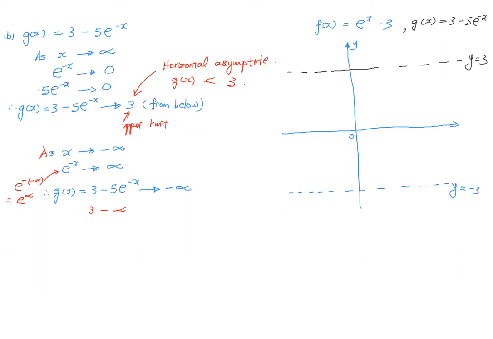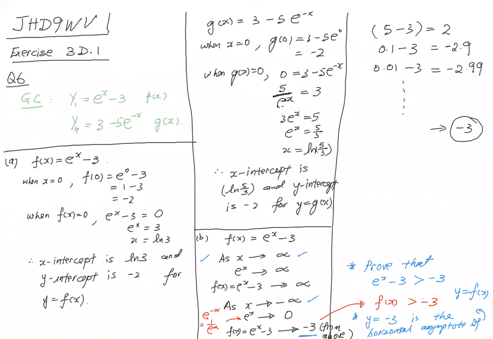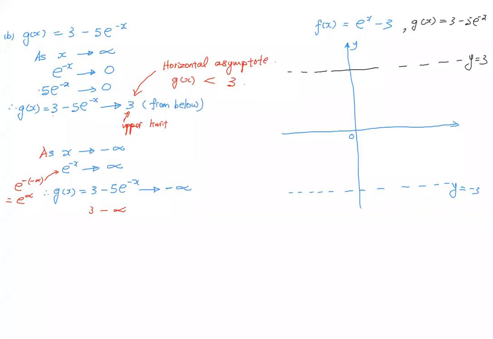Both have the same y-intercept, correct? That is negative 2. Both have the same, so I use 2 colors. The x-intercept, we'll talk about it later.